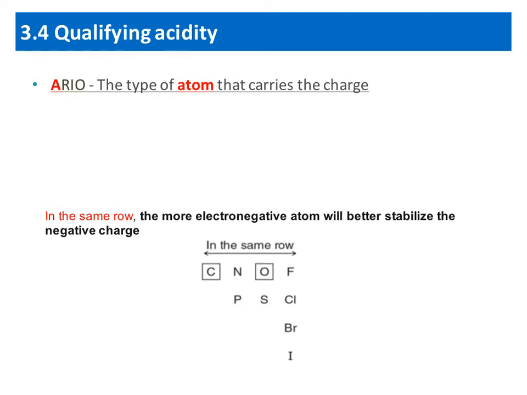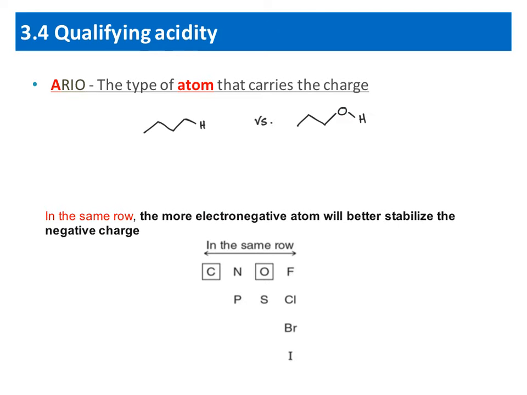The first factor is atom. We can compare the atoms in some cases. So if you look at the structure of butane and compare it to this alcohol, as you can see here, the only difference between these two is that I replaced the carbon here with oxygen.